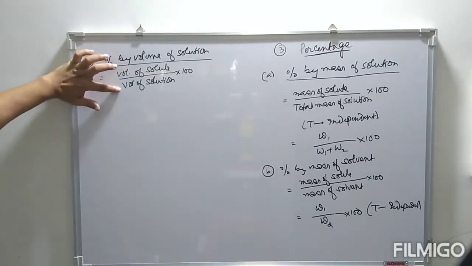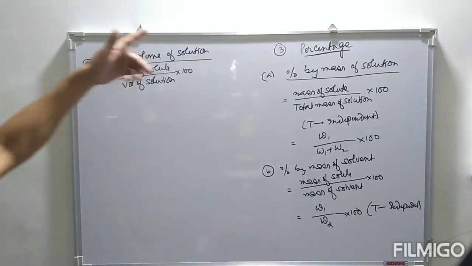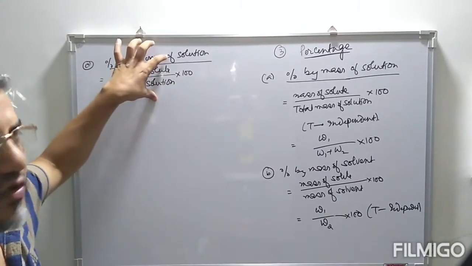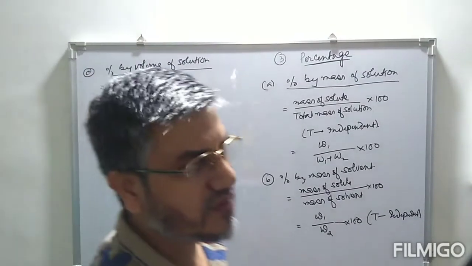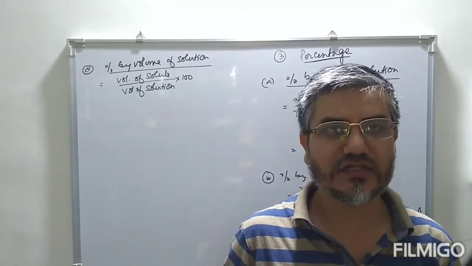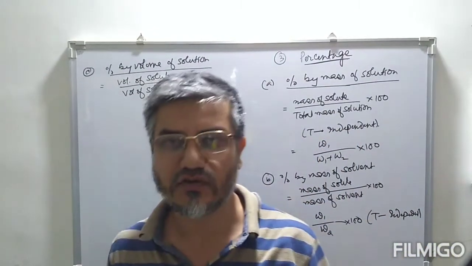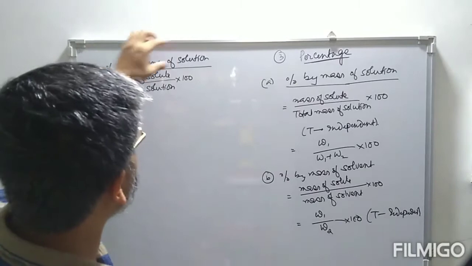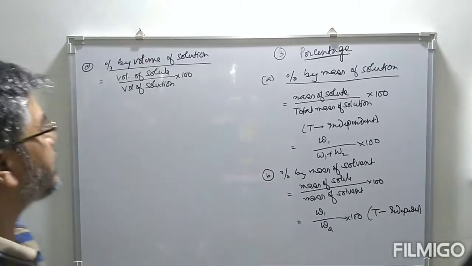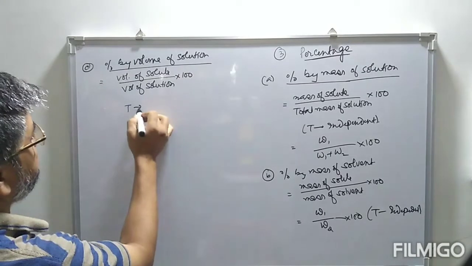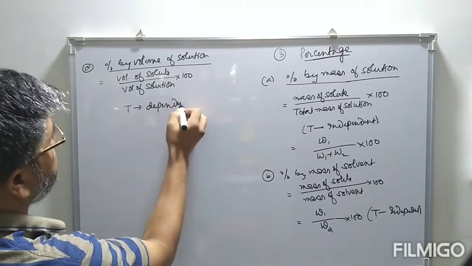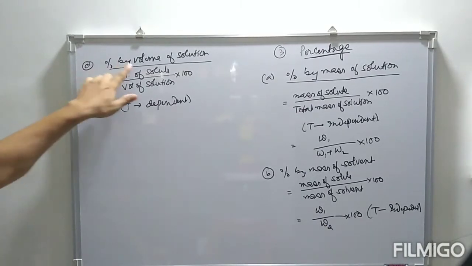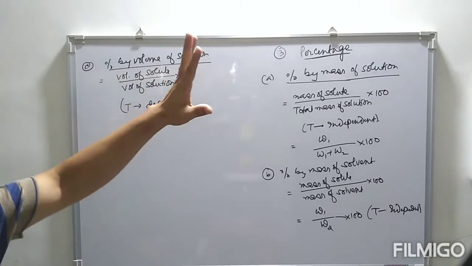Numerator is volume, denominator is volume. A volume ratio is unitless, so this is a unitless quantity. Second thing, volume is a temperature dependent quantity. So on increasing or decreasing temperature, expansion or contraction of volume takes place. So volume being temperature dependent, this percentage by volume of solution is a temperature dependent quantity.